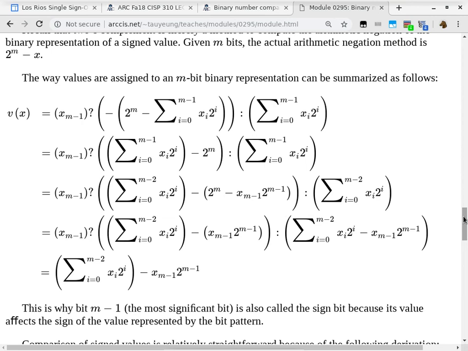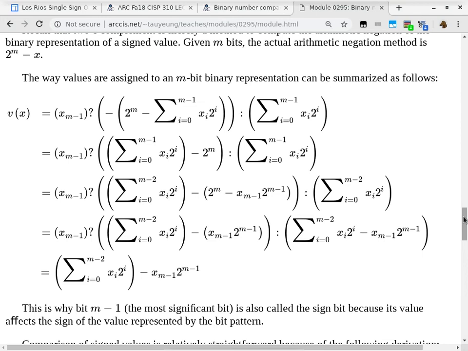And it is ugly this time, because the value represented by a binary number in a signed fashion cannot just be a simple equation where we add up all the powers of 2 where there's a 1 in the digit. That doesn't work anymore. So we take a look at the most significant bit.